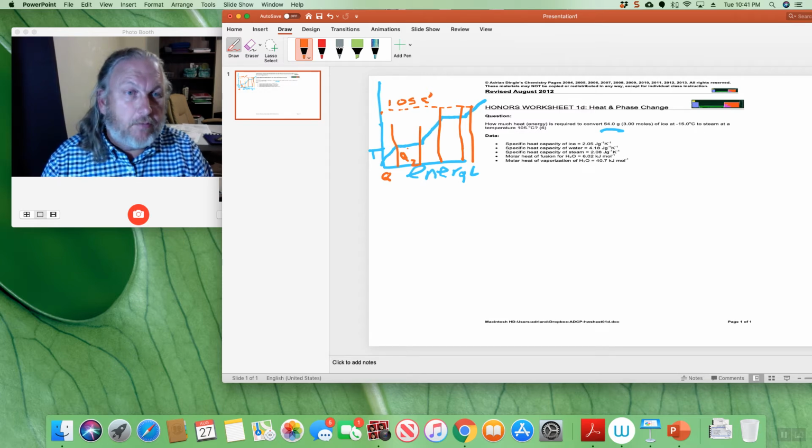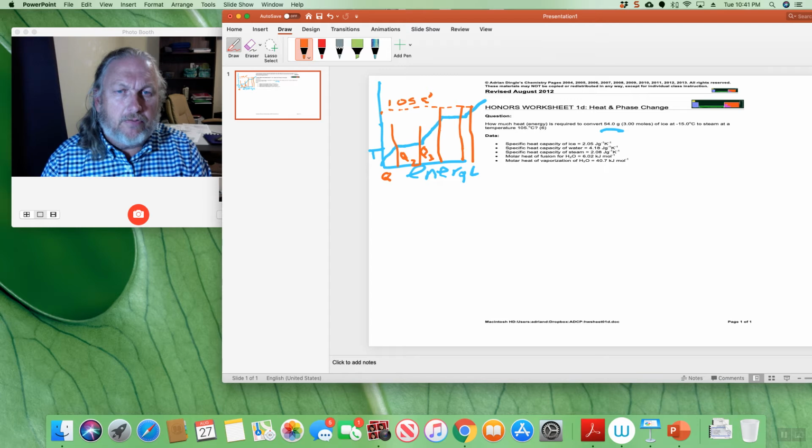After that 54 grams of water is melted from a solid to a liquid, we have another phase where we're throwing energy into it. This we call Q3. After we've increased that to 100 degrees Celsius, this is now boiling away. We'll call that Q4, and this area we call Q5.